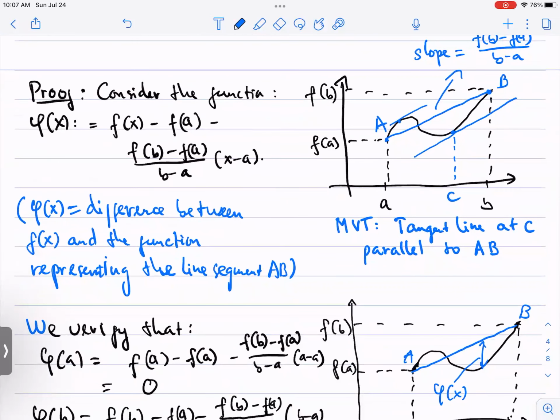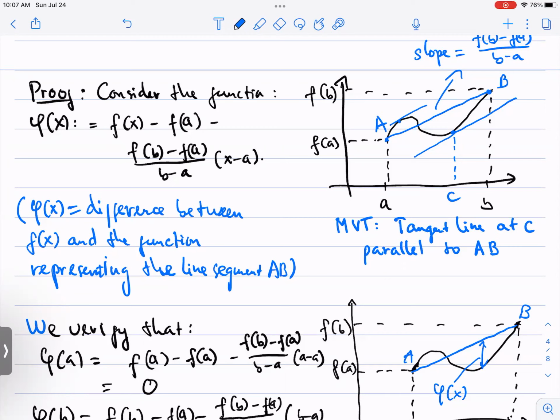Now the proof here is in the same spirit as many proofs that we saw earlier, but it's a little bit more involved. So we consider a function phi of x which is equal to f of x minus f of a minus the quotient (f(b) minus f(a)) divided by (b minus a) times (x minus a).